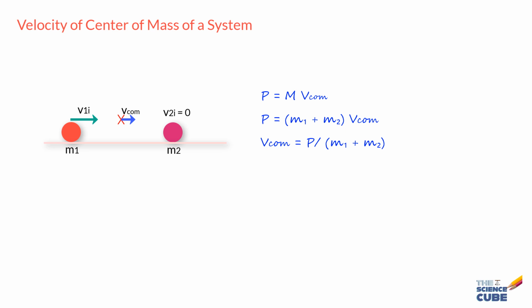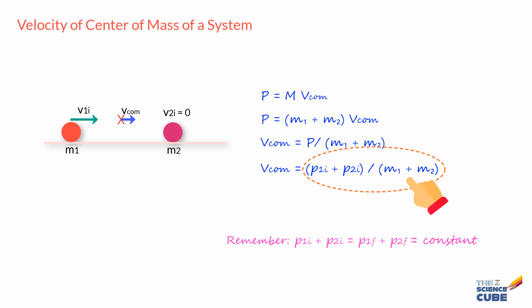Now we can write this P as p1 initial plus p2 initial. And you can see this expression is constant since both the numerator and the denominator are constant. And so V center of mass has the same value before and after the collision.